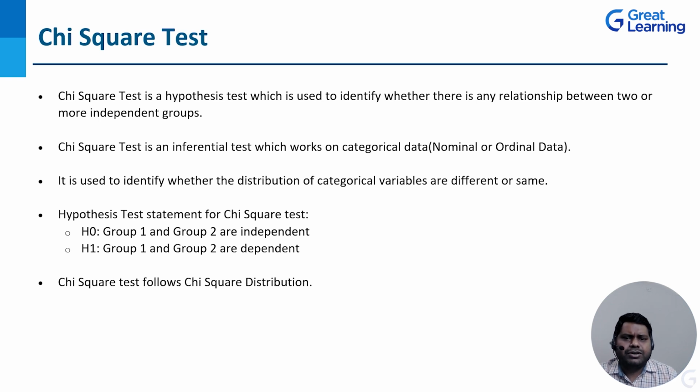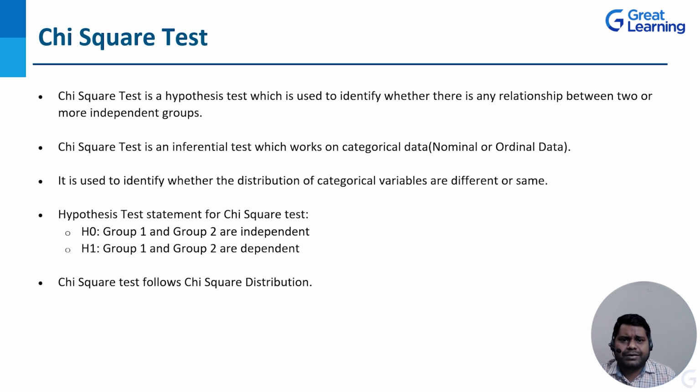For numerical data, we use statistical tests such as the t-test and ANOVA test to measure the fit of numerical data. But how can we measure the fit of categorical variables such as tax bracket or academic degrees? For measuring the fit of categorical variables, we use the chi-square test.